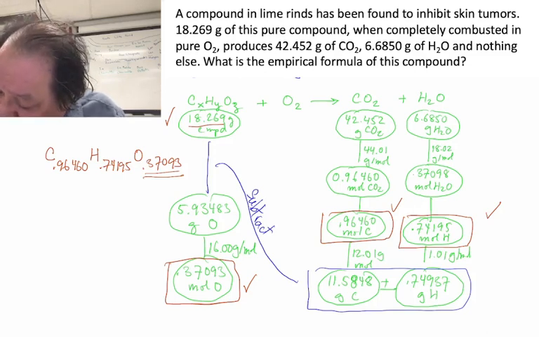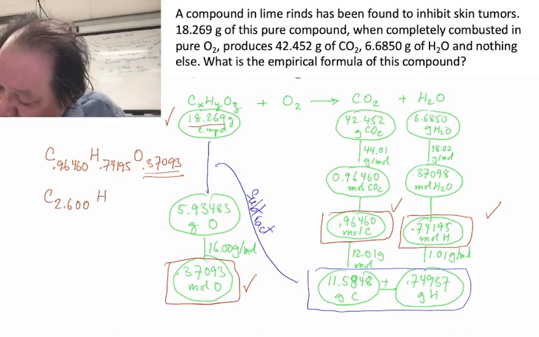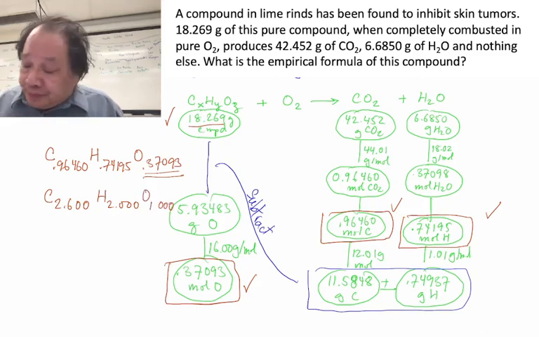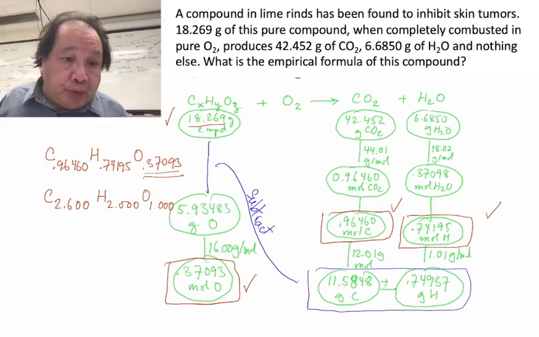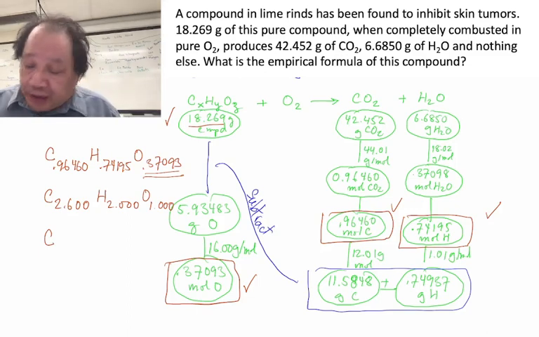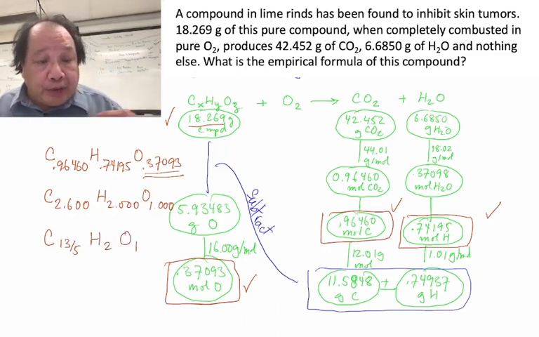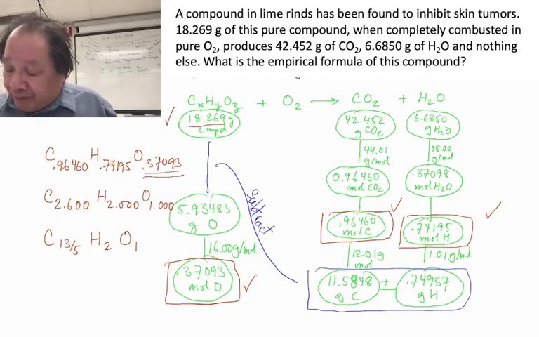And when you do that, you find that it's carbon 2.600, hydrogen 2.00, and oxygen 1.000. We can convert 2.600 to a fraction. By mental math, we know that is 13/5. Hydrogen 2, oxygen 1.